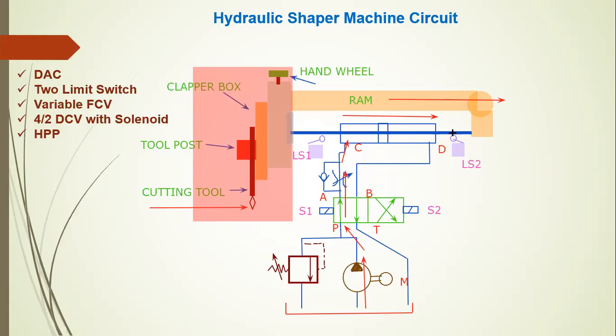Then whenever the ram is moving in the right hand side direction, these points hit limiting switch 1 first. Then the limiting switch passes the message by electrical connection to solenoid 1, and solenoid 1 operates and changes the process from first to second.